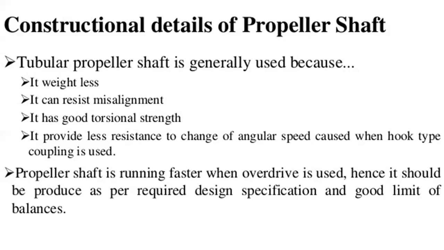So we control these loads; this type of tubular section is designed to control these torsional loads. And next one, it provides less resistance to change of angular speed caused when a hook type coupling is used. It provides less resistance to change in the angular speeds. So to change the different speeds on the wheels, we are using the hook type coupling.